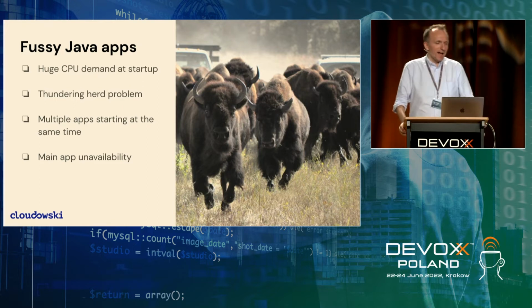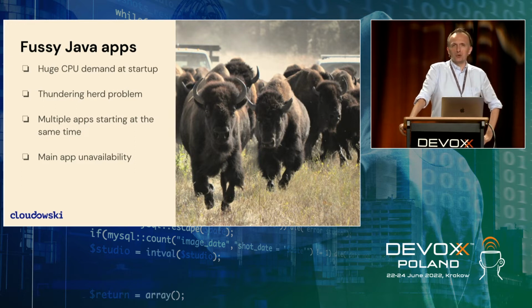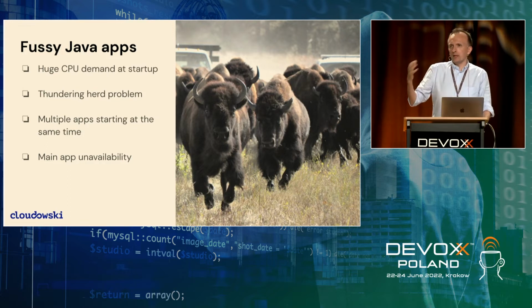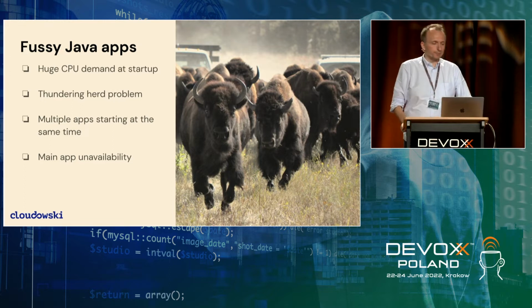Well, when it comes to Java, there is one interesting issue when they run on Kubernetes. They require a lot of CPU at startup. What we found out is that when many applications start, they are just fighting for CPU resources. It's a kind of thundering herd problem.